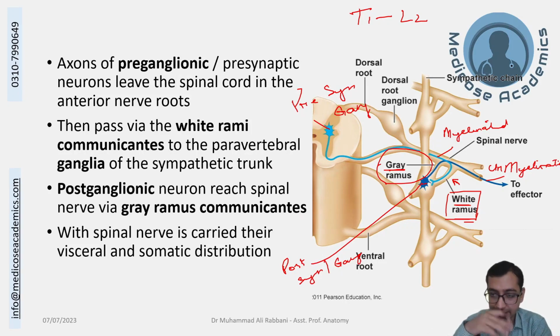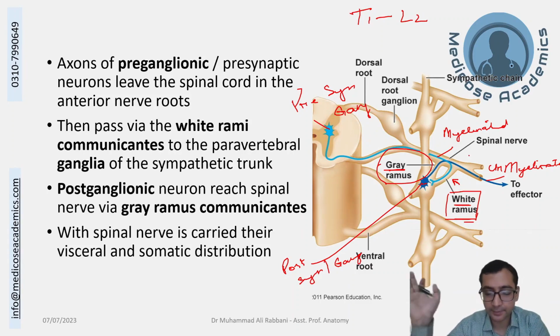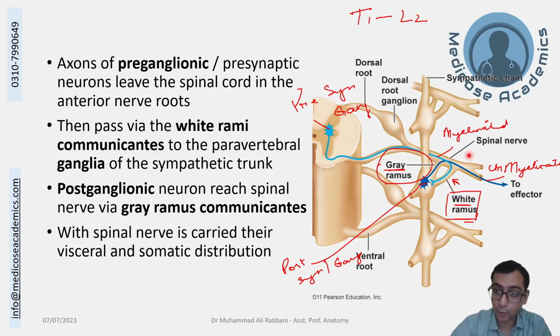By this information, it goes back to the effector, and the effector may be the skeletal muscle arteries, they may be erector pili muscles, they may be sweat glands, and so on.